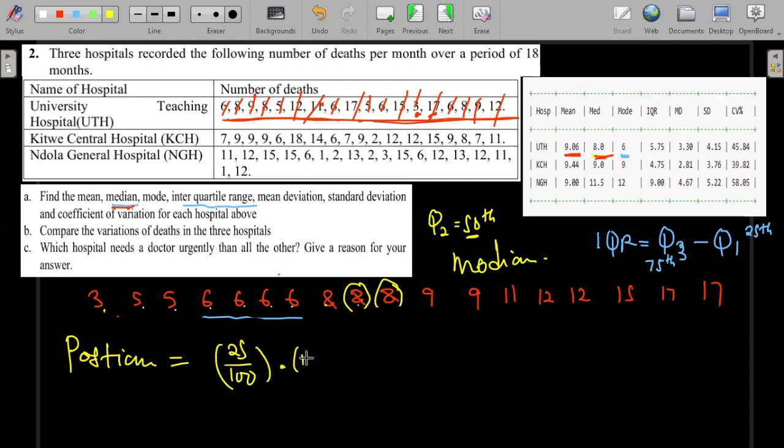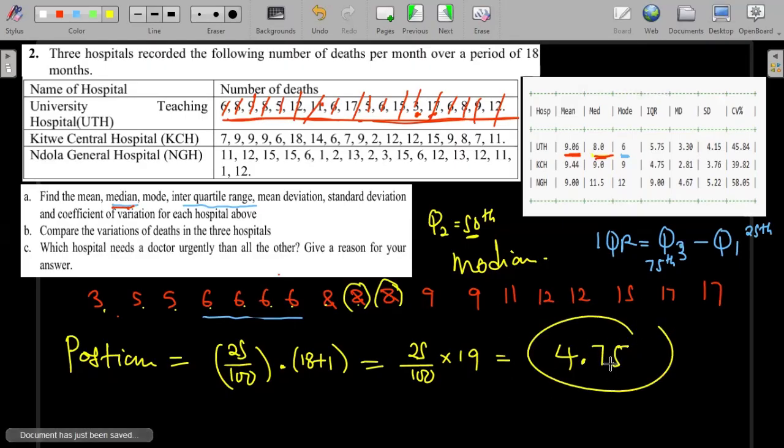So the n is 18, plus 1 is 19. So this will just be 25 over 100 multiplied by 19. So what are we going to get there? Okay, so let me punch this on my calculator. So I have 25 divided by 100 multiplied by 19. So here I'm getting 4.75.